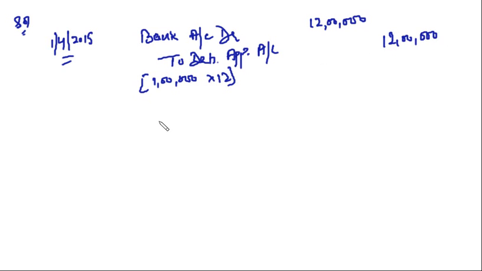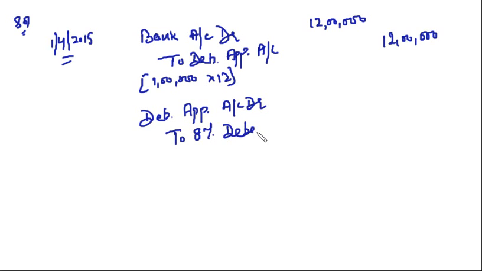Now when you allot, you will say debenture application account debit to 8% debentures, right?